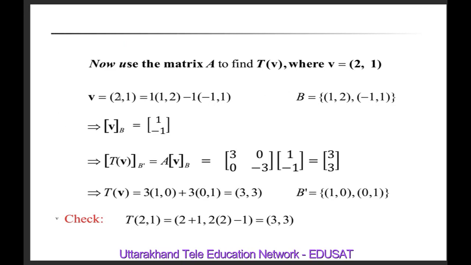So V (2, 1) is equal to, similarly, because the basis B is (1, 2) and (minus 1, 1). So here it is (1, 2), here it is (minus 1, 1). So now we will find the vectors to be written here and here. On the left hand side we have 2 and 1. Suppose we write x here, suppose we write y here. So x into (1, 2), so this is x plus 2x.